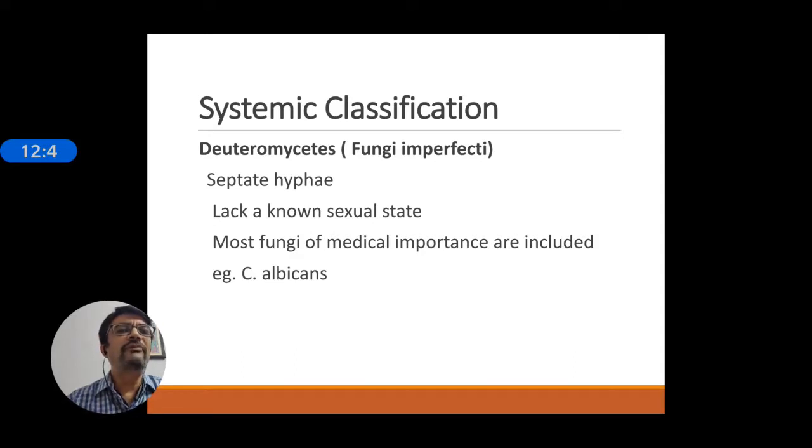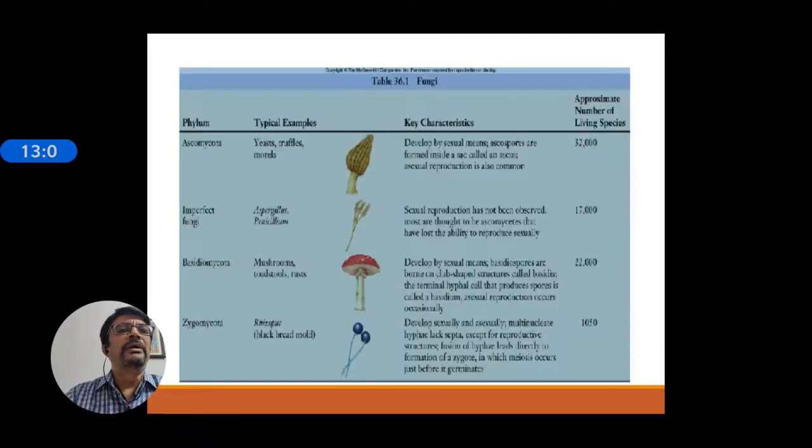Most of the fungi of medical importance are included in this class. Example is Candida albicans. So this is systemic classification, 4 classes: zygomycetes, ascomycetes, basidiomycetes, and deuteromycetes, also known as fungi imperfecta. So these are the 4 classes of fungus with examples.